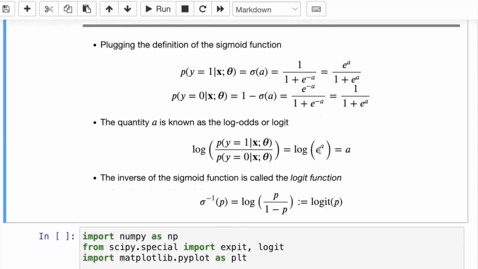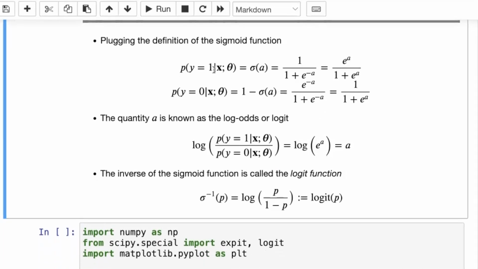Something also important to keep in mind here is that if you divide this probability of y equals 1 by probability of y equals 0, they have the same denominator, as you can see here. So these two terms will cancel, and you just end up with e to the A. And now if you take the log of this, you just get what you pass through the sigmoid function.